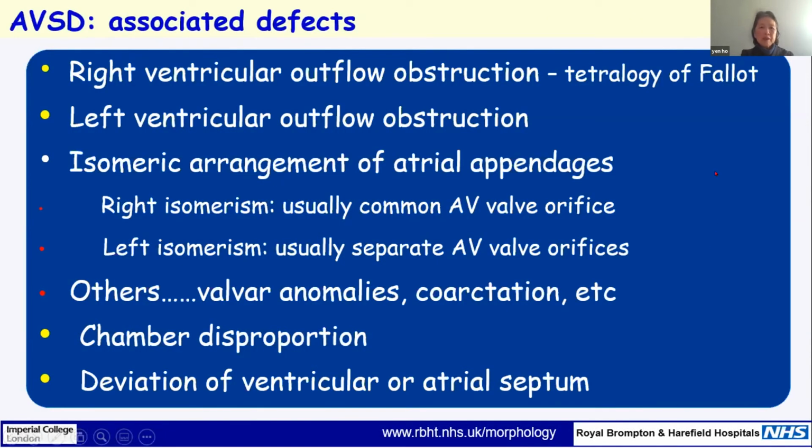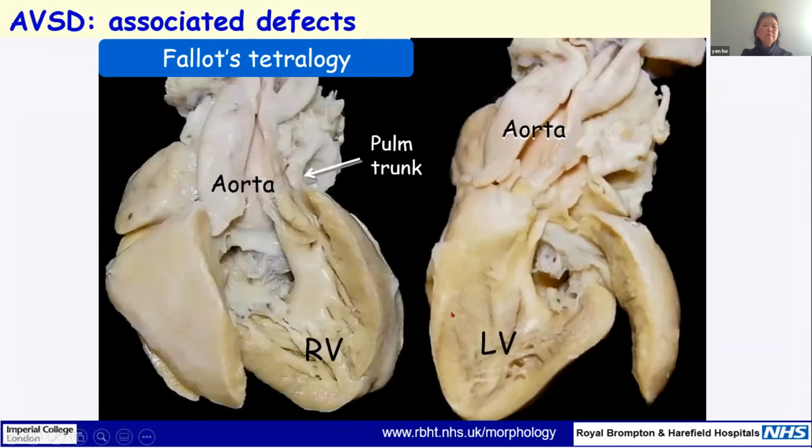Associated defects then. We've talked about left ventricular outflow tract obstructions. There are various entities, which I will try and show some examples of. In this case, it's associated Fallot's tetralogy. We see the anterocephalad deviation of the outlet septum overriding the aorta here, and the left ventricular view on this side.